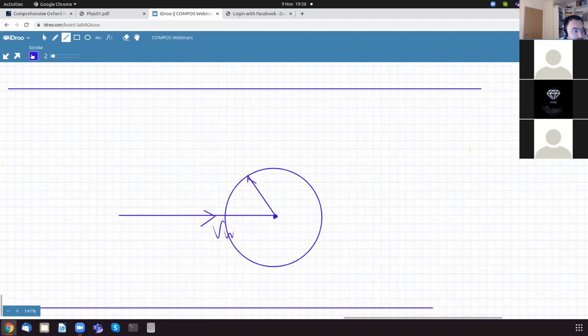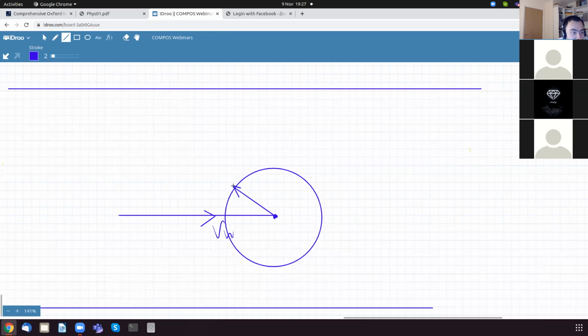So let's say that the direction of the boat is like this. So the driver decides to point the boat in this way. Just one of the possibilities. This is the direction.